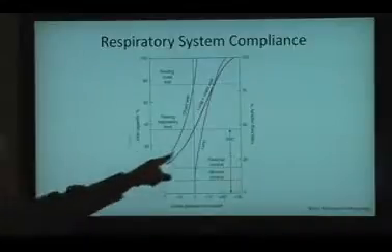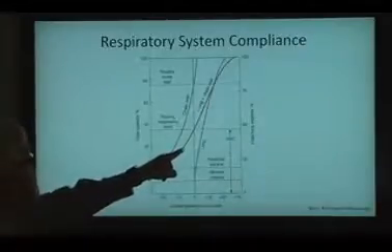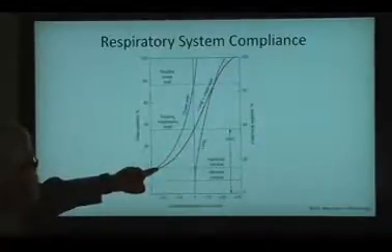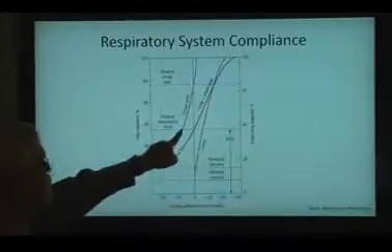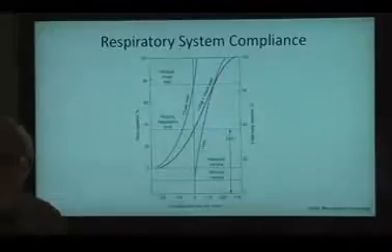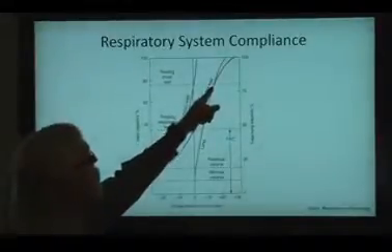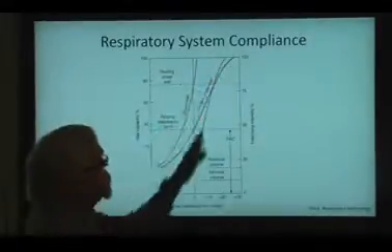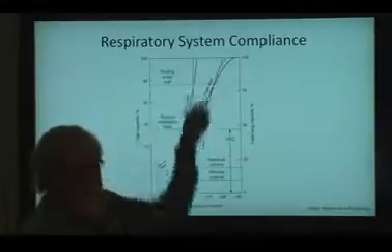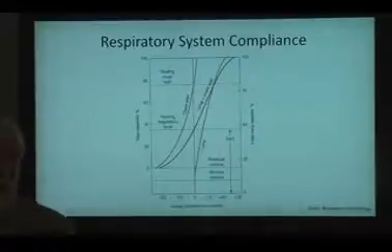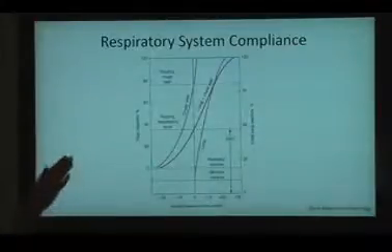And you can also see that the curvature at the bottom of the lung-chest wall relationship is primarily the result of the chest wall elastance or compliance, and the curvature at high lung volumes for the lung and chest wall together is primarily the result of the elastance or the compliance of the lung.